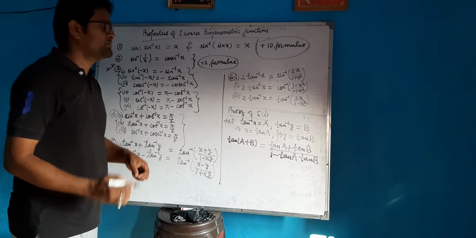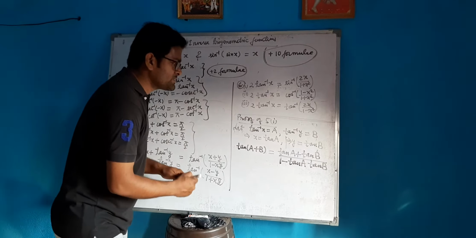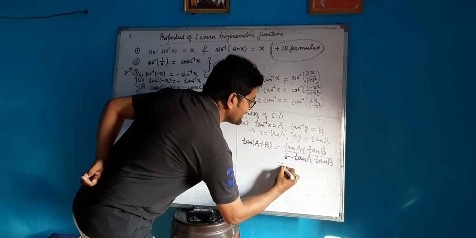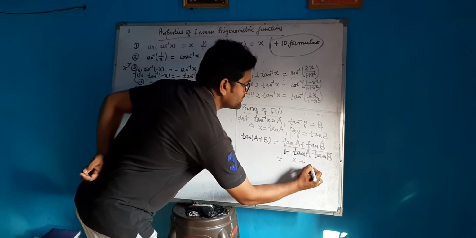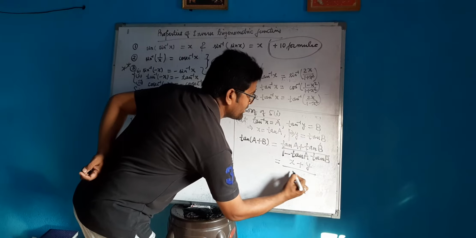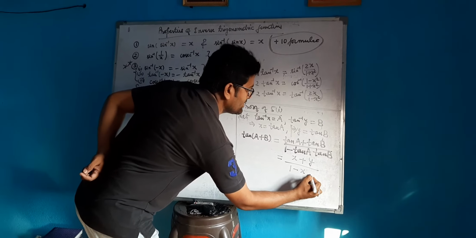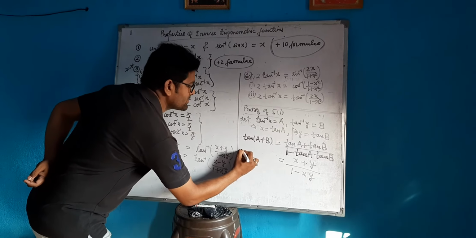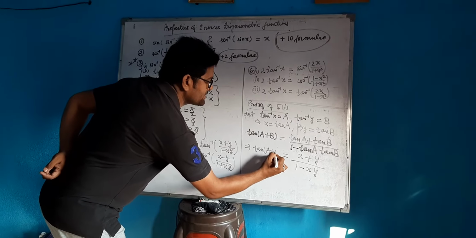You already know this formula. What is the value of tan a here? x. What is the value of tan b? y. So tan(a plus b) is equal to (x plus y) by (1 minus xy).